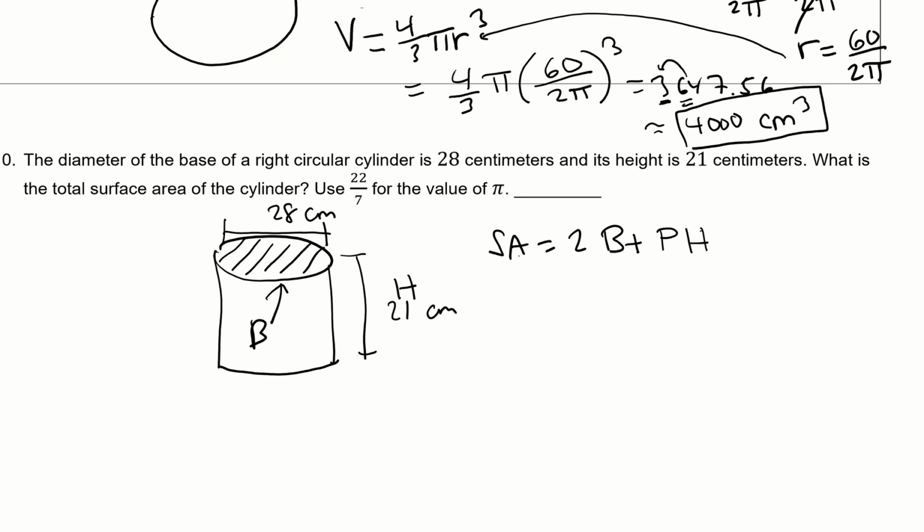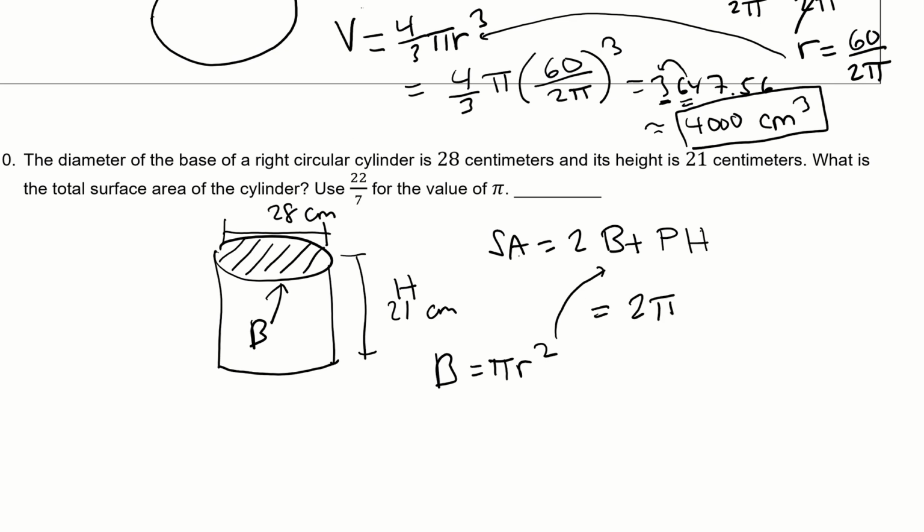So we need to say, what is the area of a circle? On your formula sheet, it says that the area of a circle is pi r squared. This A you see here stands for area. We're going to replace that with B because that's what they use in this formula here. So B, or the area of the circle, is pi r squared. I'm going to plug that in there.